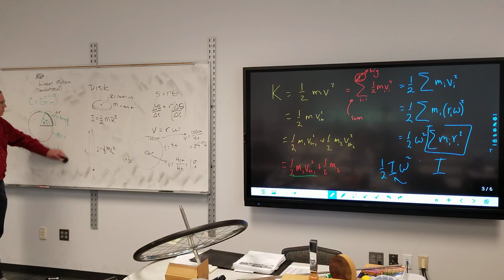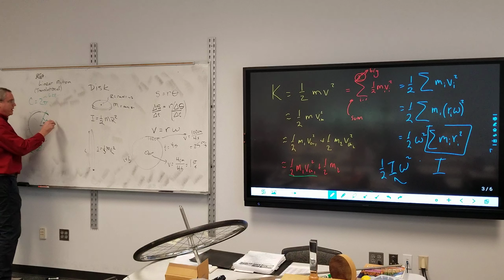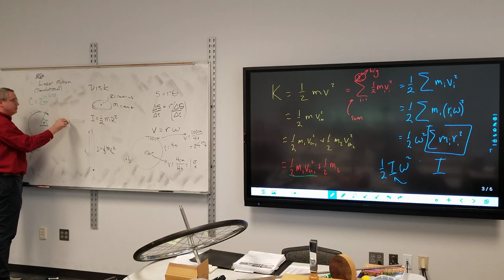If I have a rod rotating about its center, where that's the length, then the moment of inertia is 1/12 mass times length squared.